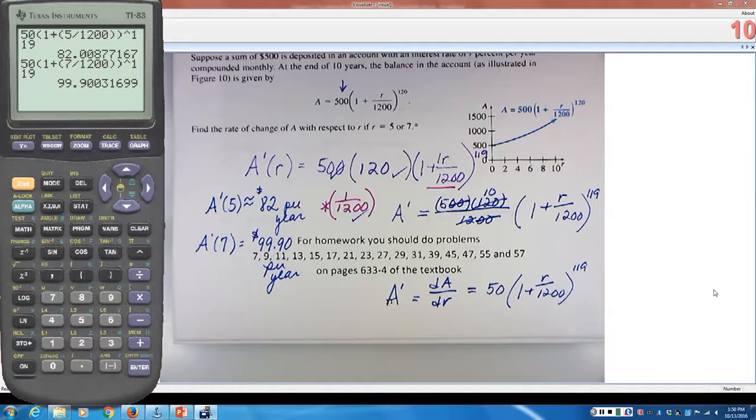Now, if you want to verify that those answers are right, the easiest way is to use your math menu, go down to NDeriv, use your formula, which is 500 times the quantity 1 plus the interest rate divided by 1200, all raised to the 120th power.